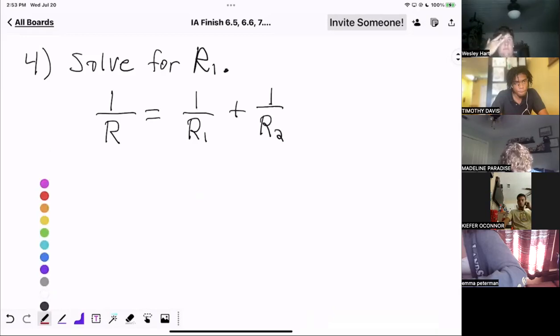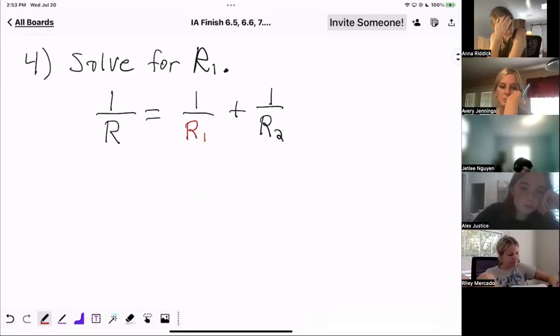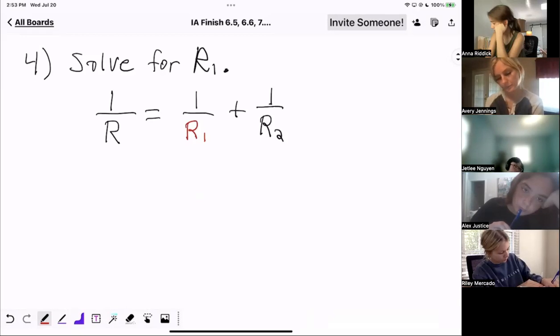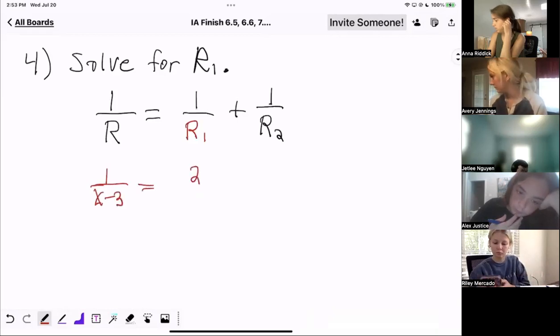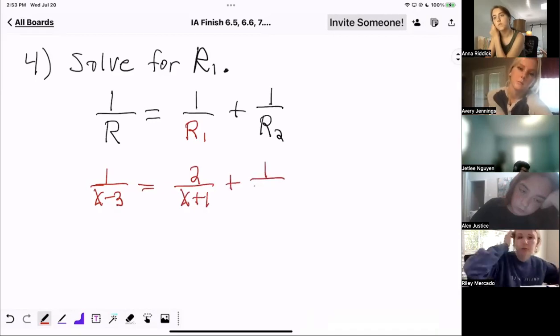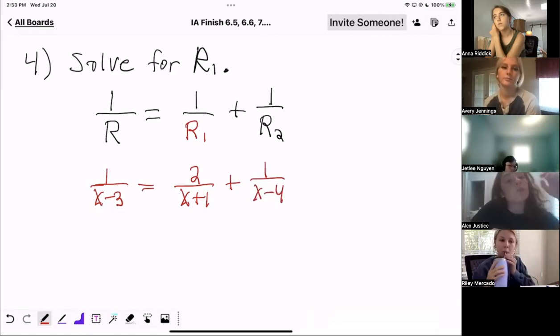So let me put my r sub 1 in red. That's what I'm solving for. Although it looks different, it is just like me saying, don't write this down, 1 over x minus 3 equals 2 over x plus 1 plus 1 over x minus 4. It's the same idea, the same concept, except instead of x plus 3, I have r's.